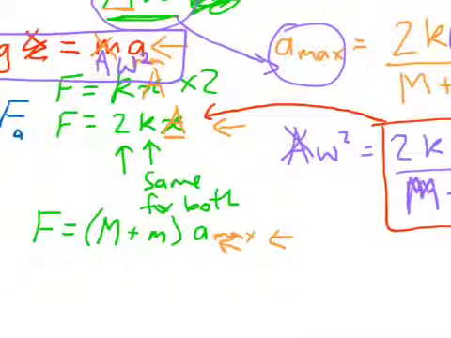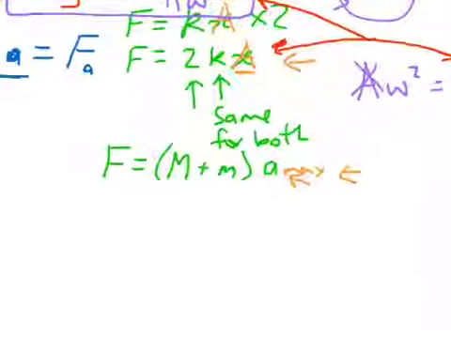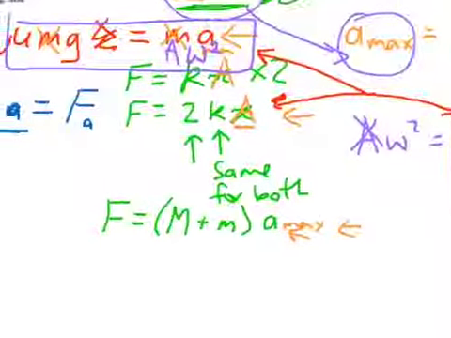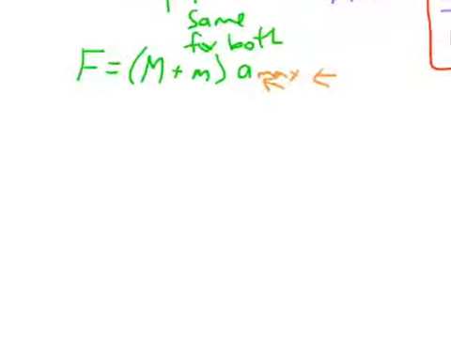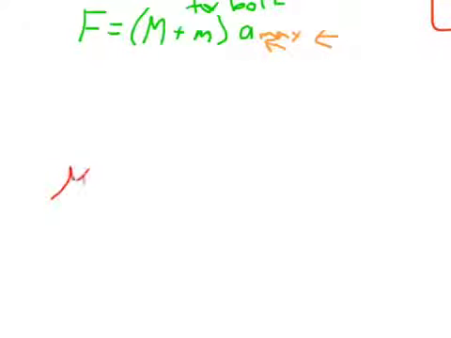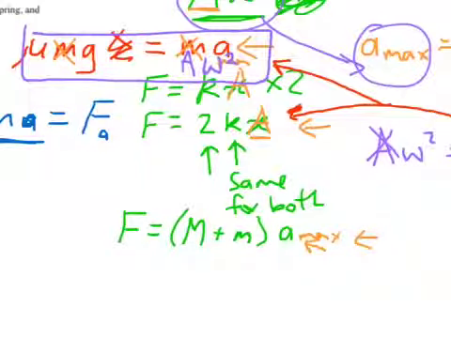Whoops, I've drawn my arrow in the wrong place. Over here. So let's just write that down a little bit clearer. We've got mu m g, well, we don't really need the capital M anymore. We'll just stick with mu g. So mu g equals, going back up to have a quick look, was just our A omega squared.